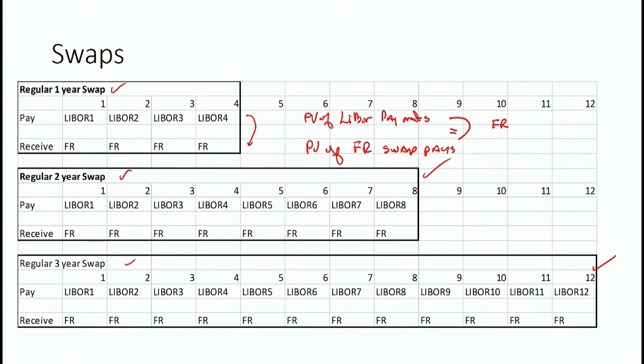And we would do the same thing here, and the same thing here, and determine what the 1-year swap rate is, the 2-year swap rate, and the 3-year swap rate.